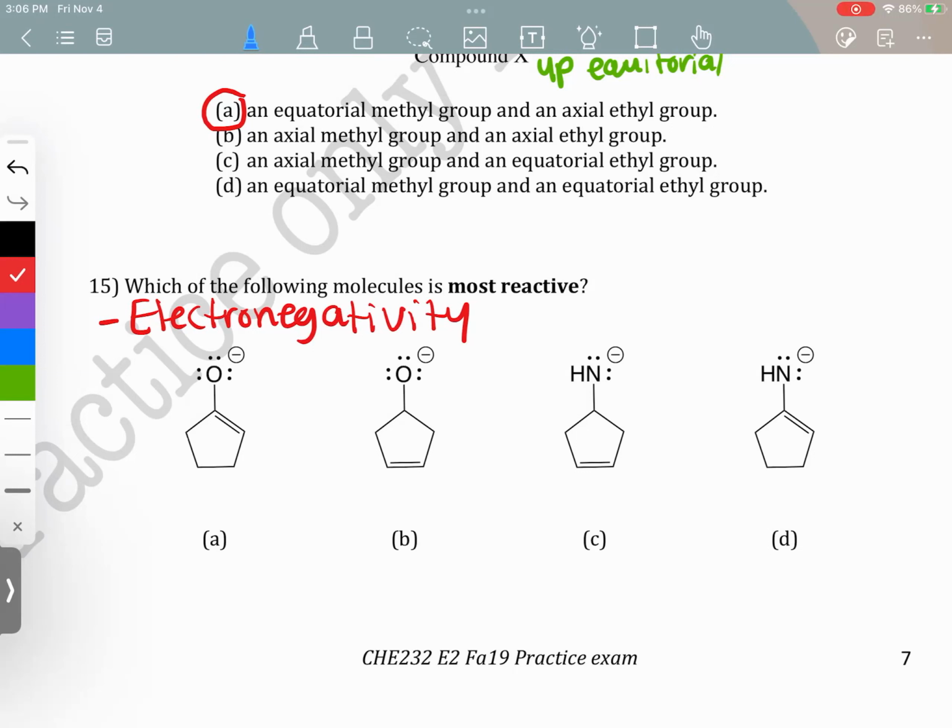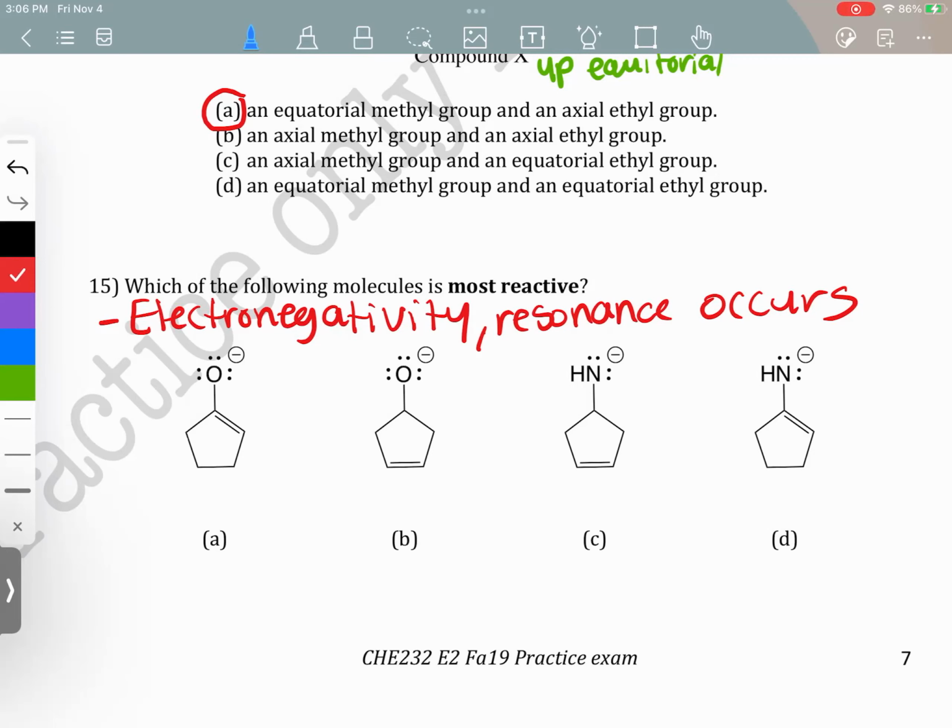Double bonds. Right, we notice double bonds. So in some cases, what could probably happen? Resonance. So we're going to look at the electronegativity and if resonance occurs for this question. So let's look at each of them.